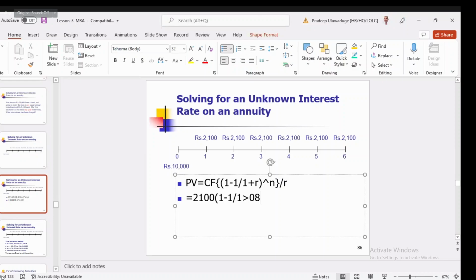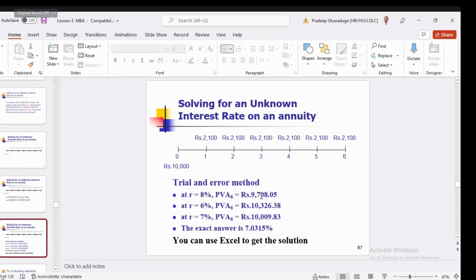So if you do this calculation, you get a present value of 9,708. That depends, right? You can guess. That is why I said you guess. Say for example, you guess 10%. So 10% will give you a much lower present value, right?